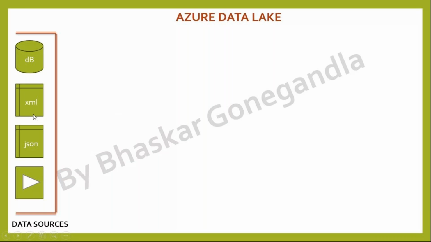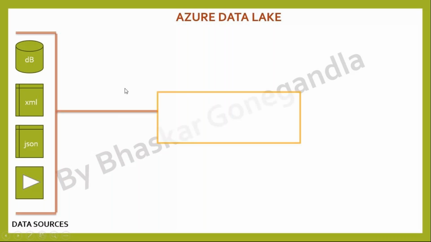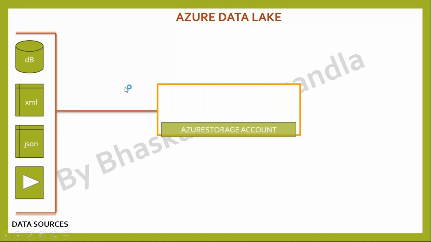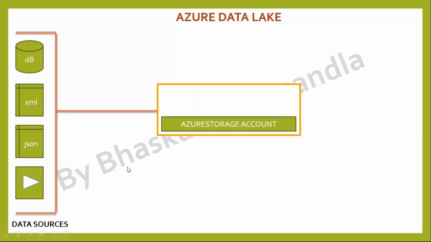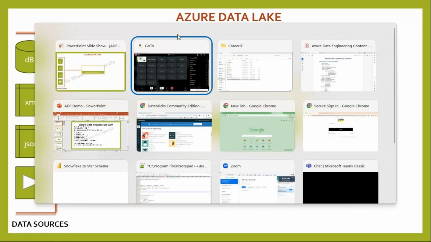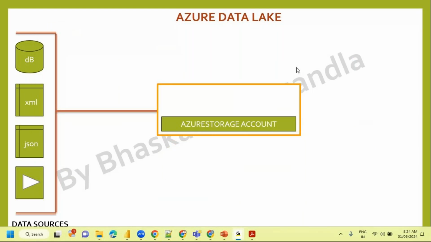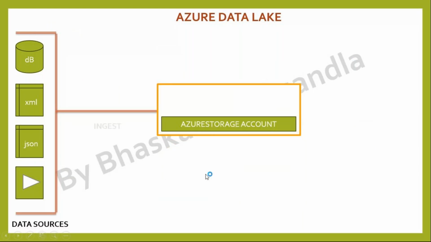So these are all the data sources. I'm just collecting the data from all these places, and this is an Azure storage account. Azure Data Lake Storage is an Azure storage account. I'm just going to ingest the data into this place.